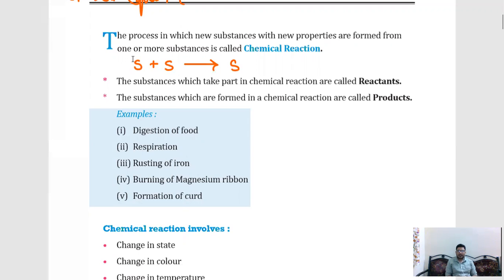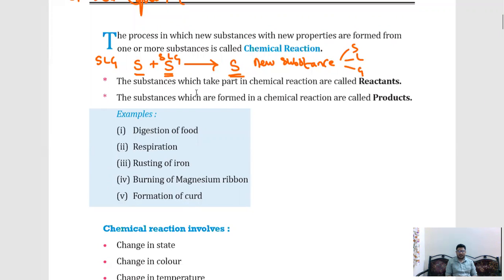Try to understand this one. If any substance, maybe solid, liquid or gas, is reacting with another substance, maybe solid, liquid or gas, you can get one new substance. That new substance also can be in the form of solid, liquid or gas. Such types of reactions are known as chemical reactions.